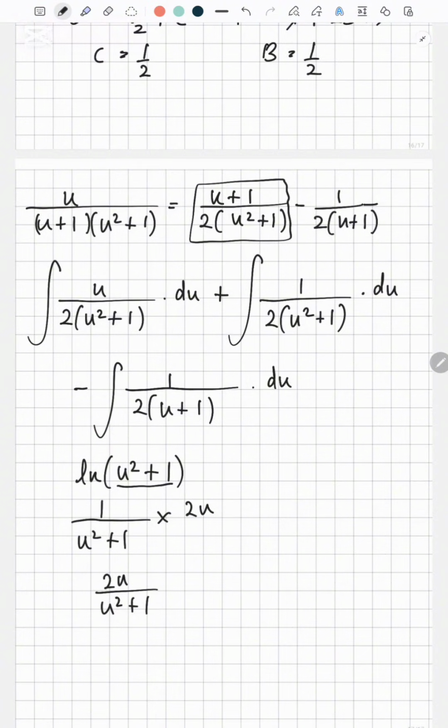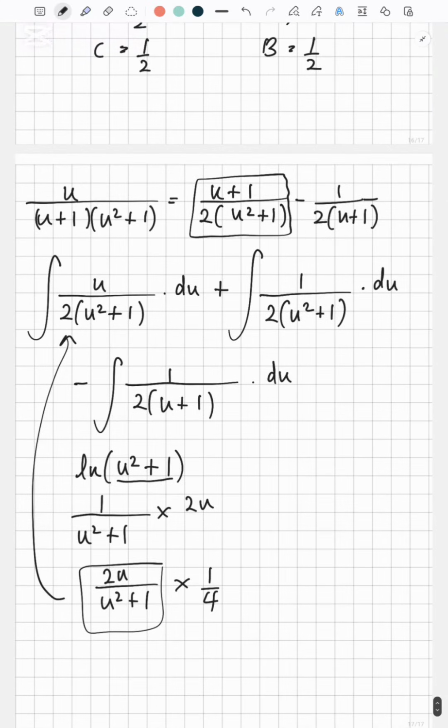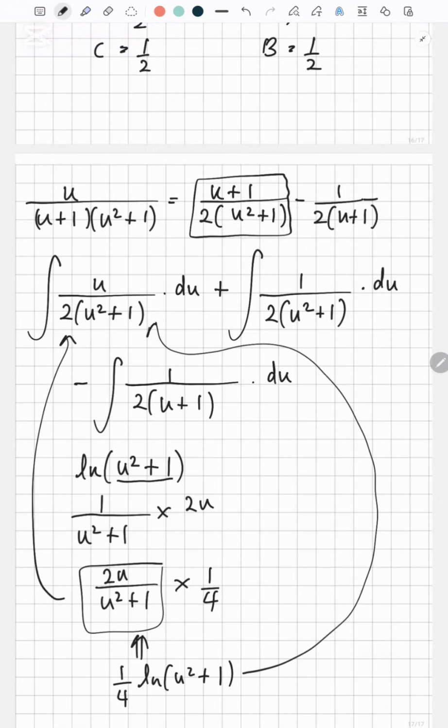So you get 2u over u squared plus 1. But our question has u over 2 into u squared plus 1. So can you see, if you multiply this with 1 over 4, you get that, right? Which means if the integration for this is ln of u squared plus 1, all you have to do is just multiply with 1 over 4, and that would be your answer for it.